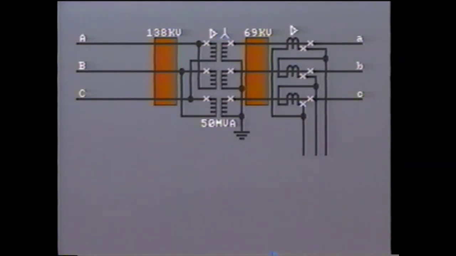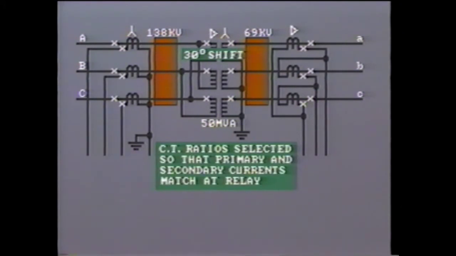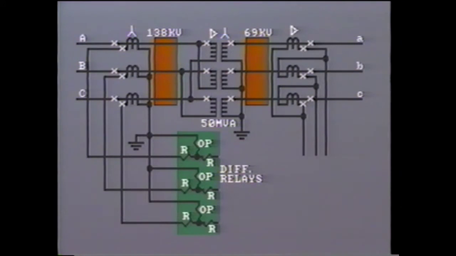Having established this, it is obvious that the CTs on the delta-connected primary must be connected in Y so as to correct for the 30-degree difference across the transformer. Of course, the CT ratios must be selected to allow for the different secondary currents resulting from Y or delta connection. It's easier to connect the Y-connected CTs to the relay first.